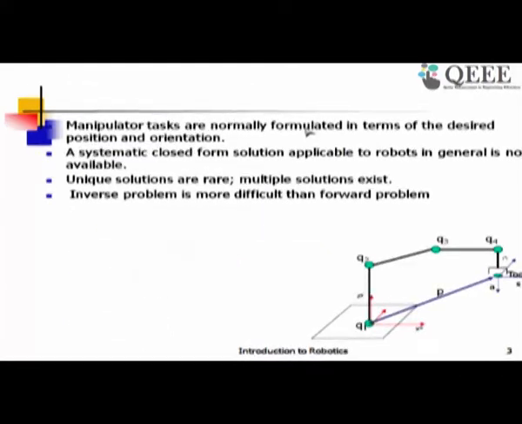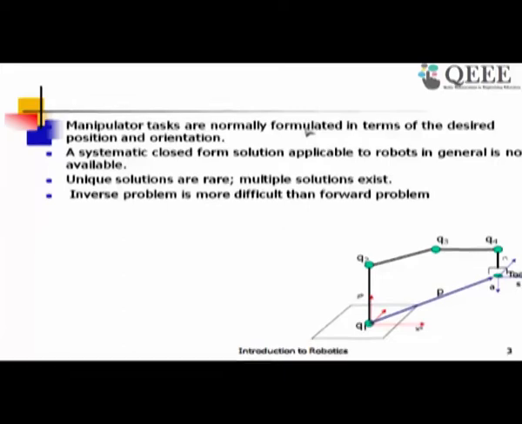So the requirement for inverse analysis is that most of the time, when we talk about industrial robots, we are talking about how to manipulate a physical object in space. As we know, in the forward problem, the joint variables Q will be given, and what you are trying to get is the tool tip position in terms of XYZ.